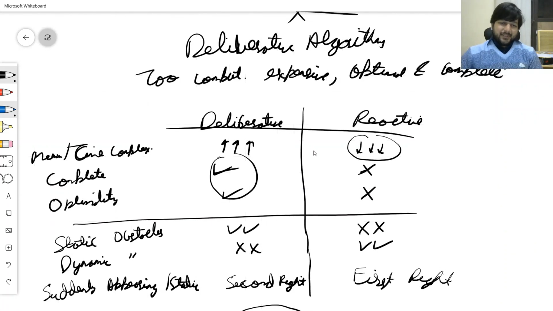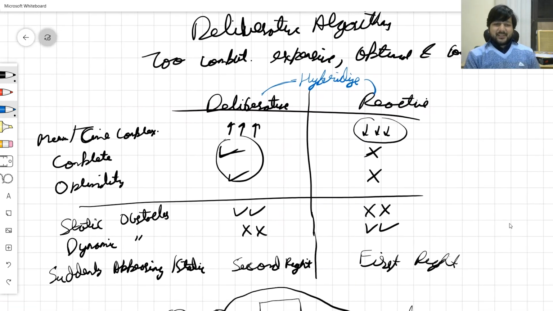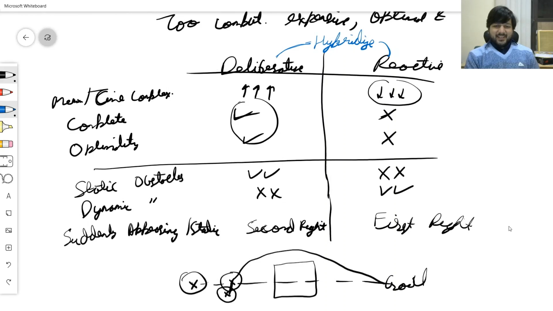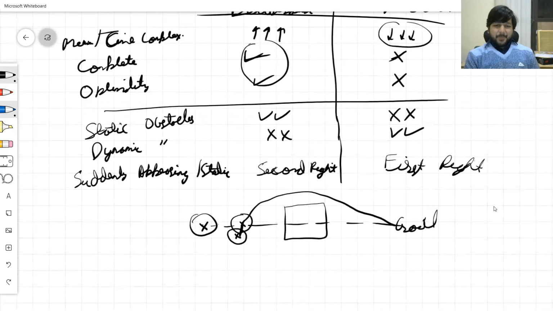So you say, can I hybridize? Now, this course is not on deliberative algorithms. It's a course on AI. More specifically, it's a course on robot motion planning, which is a separate course at this university, which is also where we look at hybridization in detail.